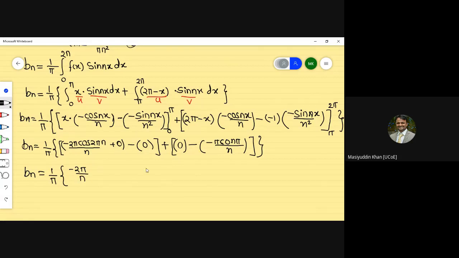This is 0. This is minus, minus, plus. So plus pi into cos of n pi upon n. So we can take pi as a common factor and cancel pi pi. So at the end we get b_n is equal to 1 by pi. Now n in the denominator is the same, so I'm writing this part.